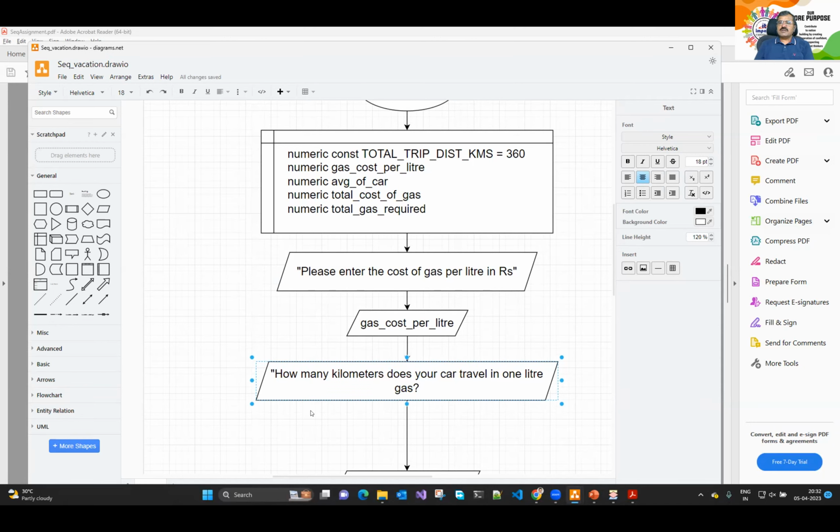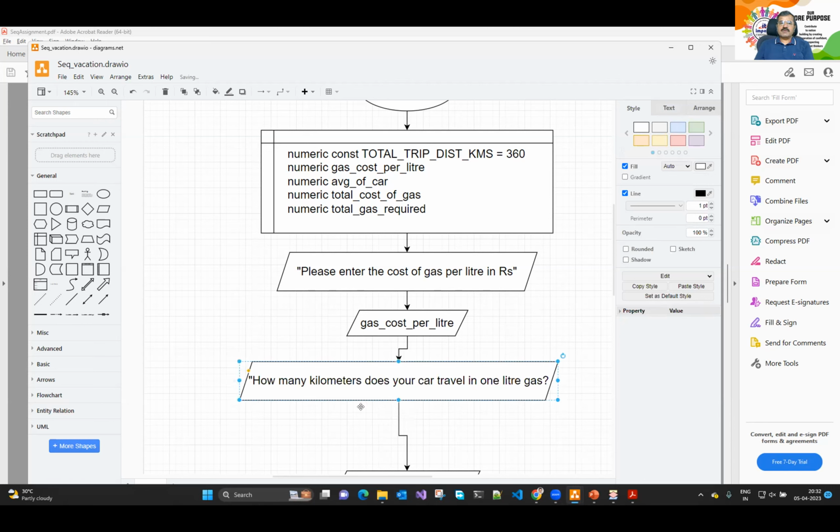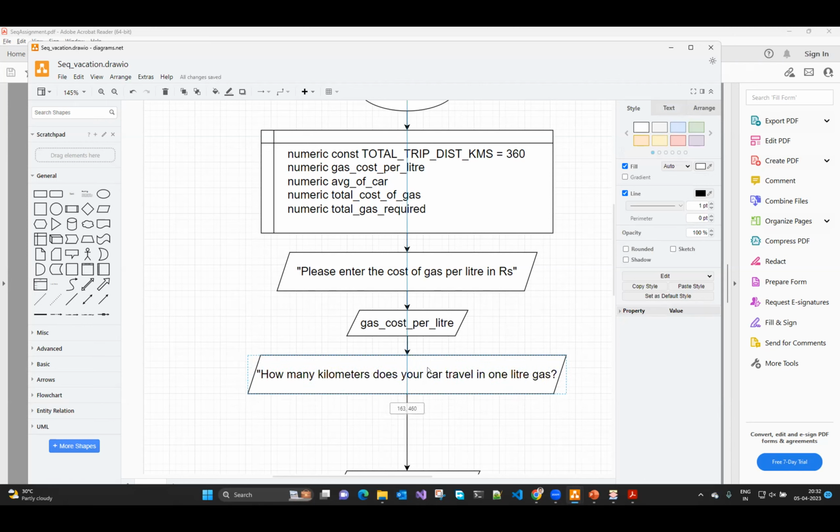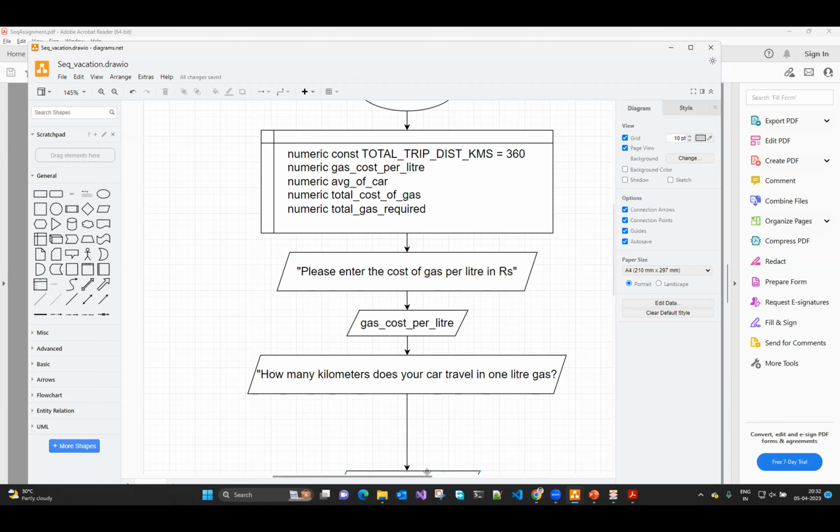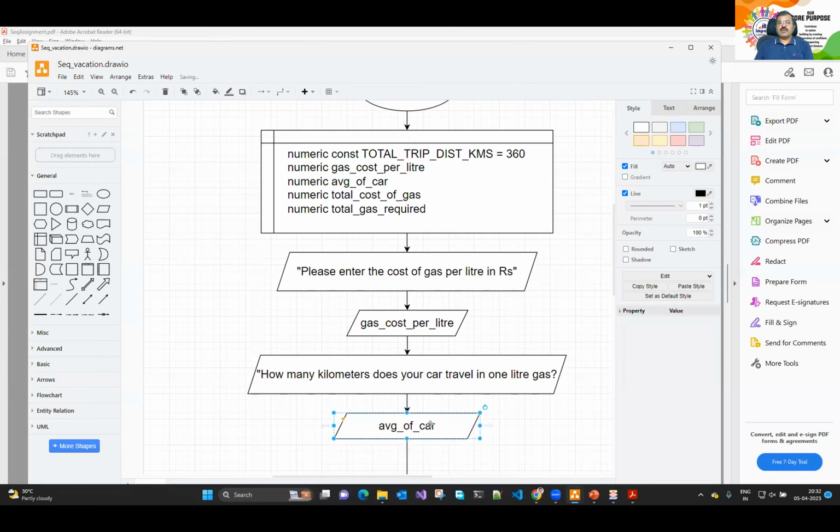Now, is there any confusion about what is average or something like that? Is this statement better or is the previous one better? This one. Ask a question where there is no scope for any ambiguity.